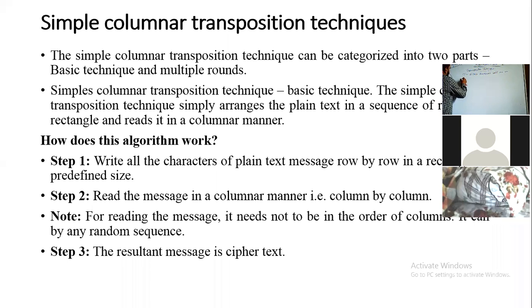Let us suppose the key is 4 3 1 2 5 6 7. Here the key is given. This is our key, and this is our plain text.